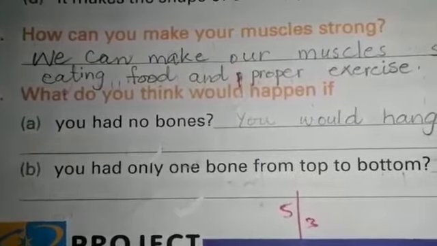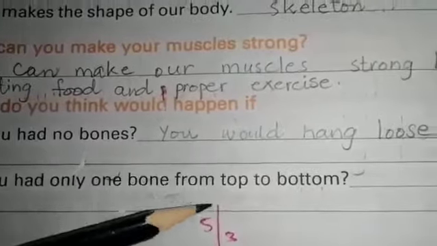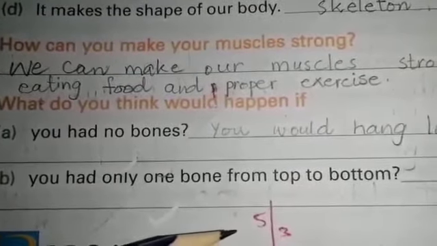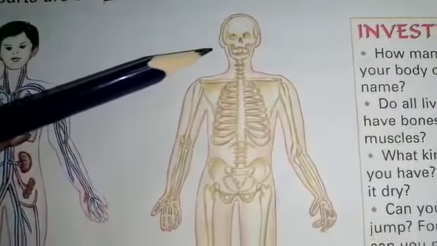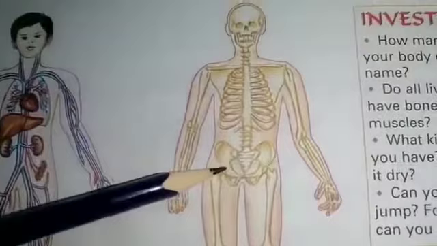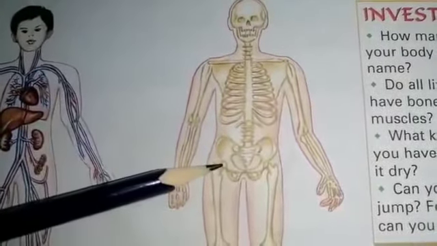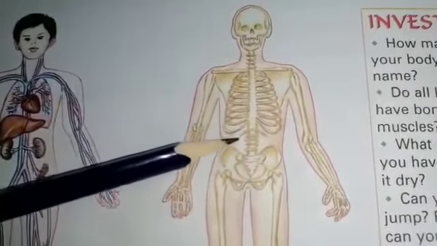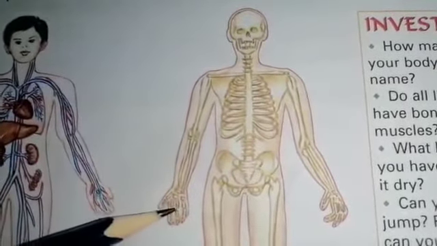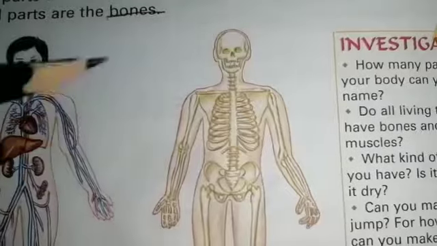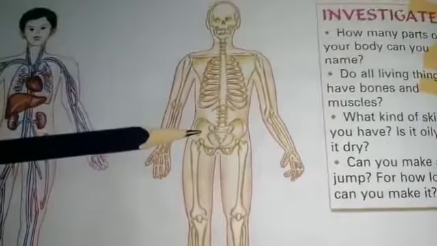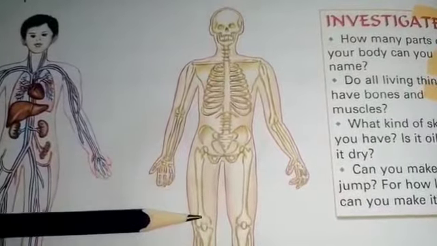B. You had only one bone from top to bottom. So, what do you think? What would happen? Students, we have already discussed that different types of bones are joined together to form a skeleton, and there are different types of joints that roll over one another so that we can move. So if we have only one bone in our body and no joints, we cannot move our body.